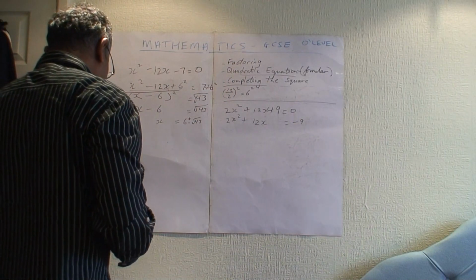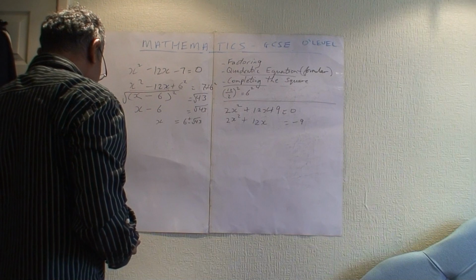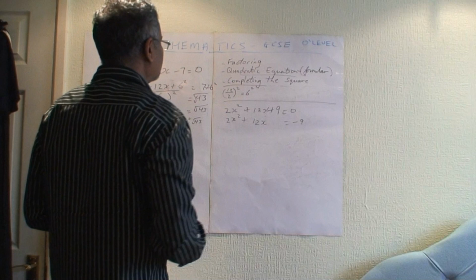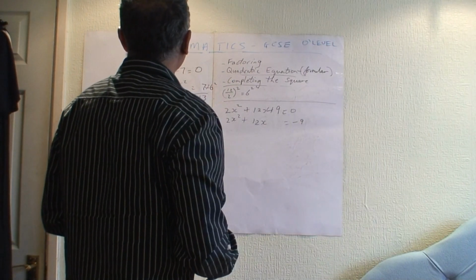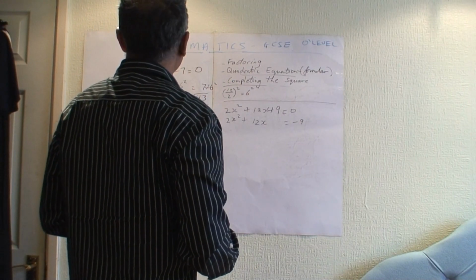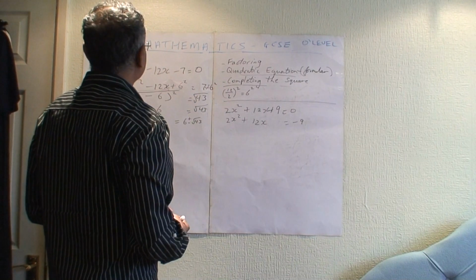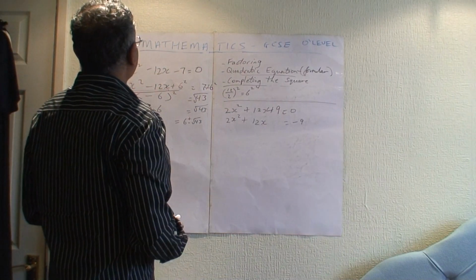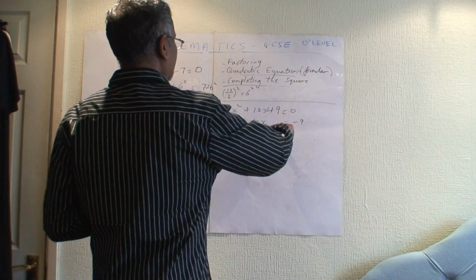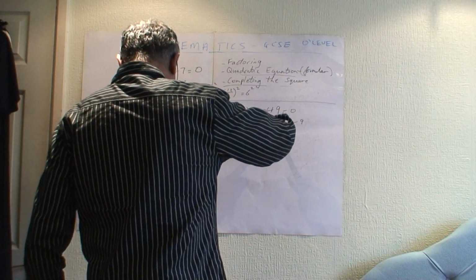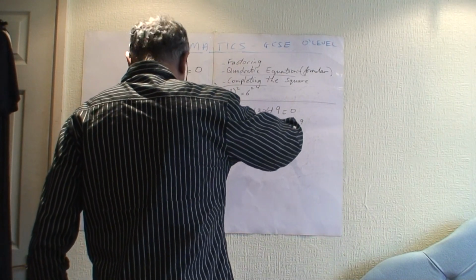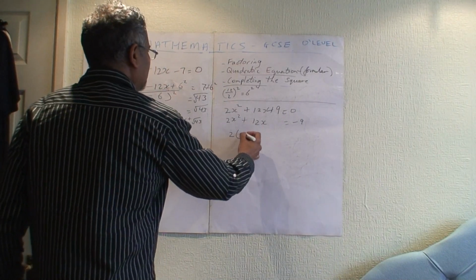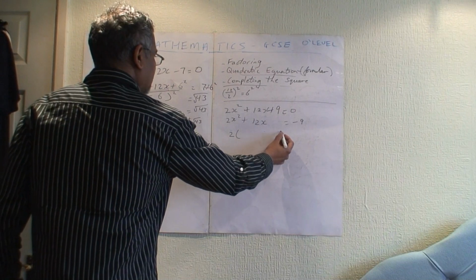So we want to find a value here. What we do, we pick the 2 and we do some factorizing here.